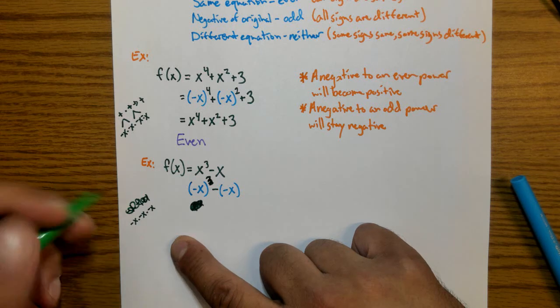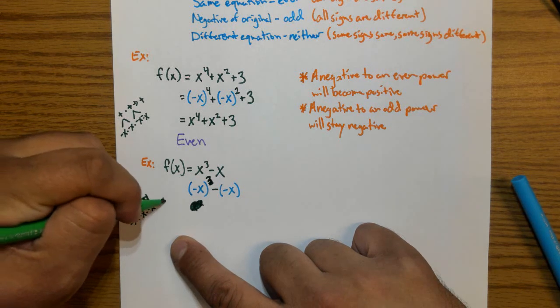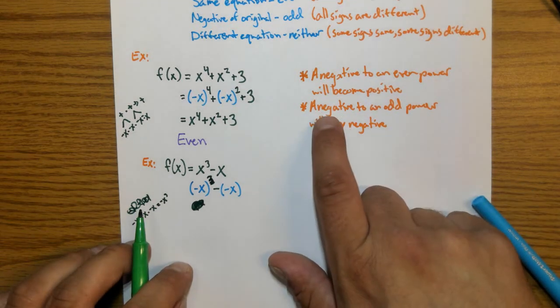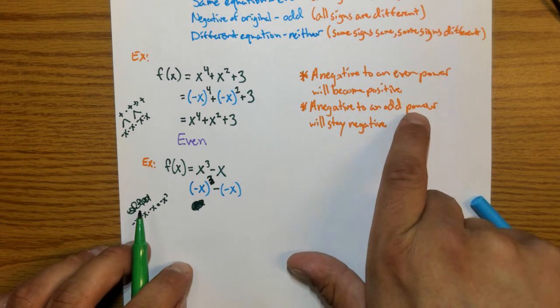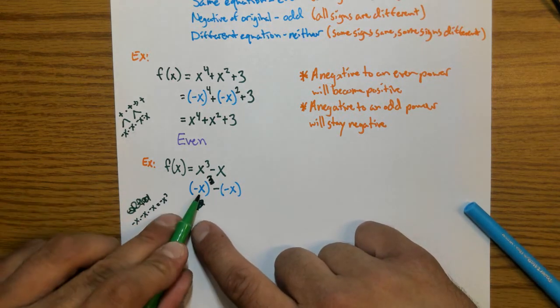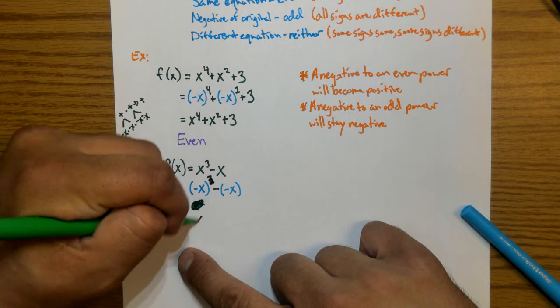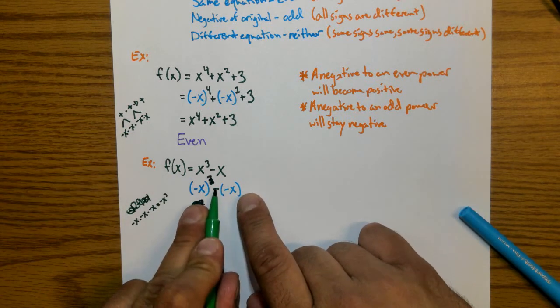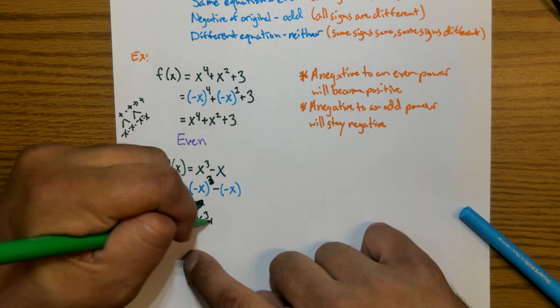Positive times a negative is a negative x. So, according to our rule, it's true. A negative to an odd power will stay negative. So it's going to be negative x cubed. And then distribute this negative. Negative times negative is going to be a plus x.